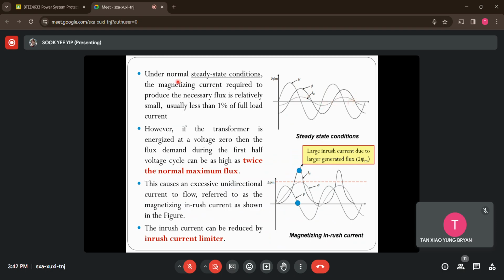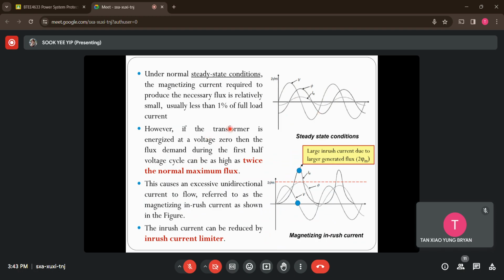Under normal steady state condition, which means you have turned on the transformer for long durations of time, you can see that the magnetizing current, this waveform here, is actually quite low, less than 1% of the full load current, which is what is needed to produce the necessary flux for the transformer operation.